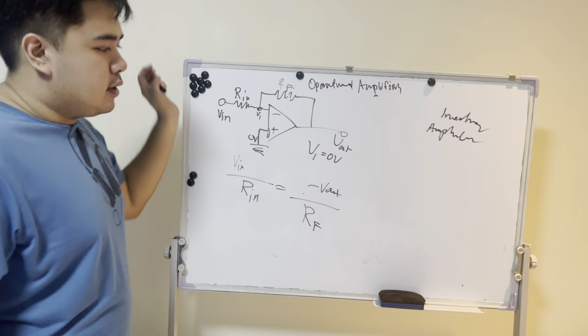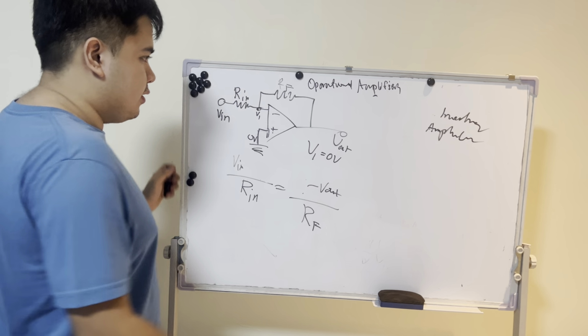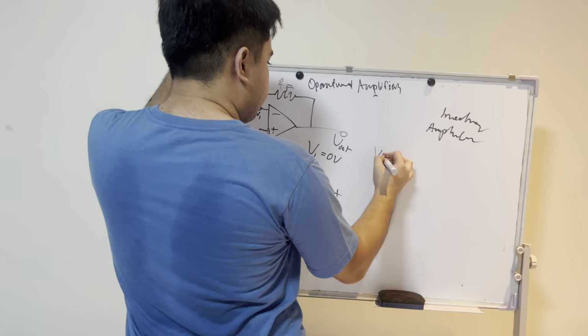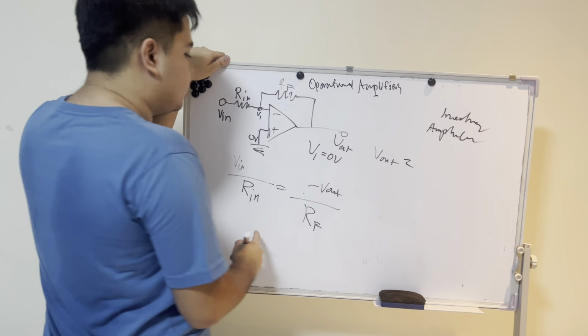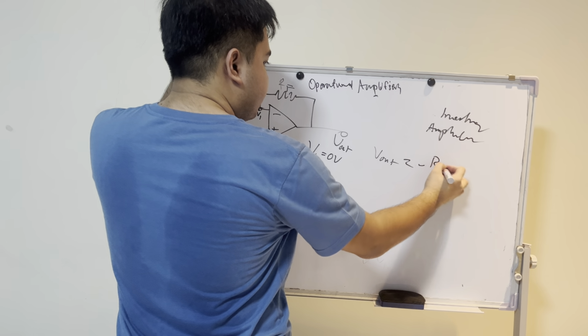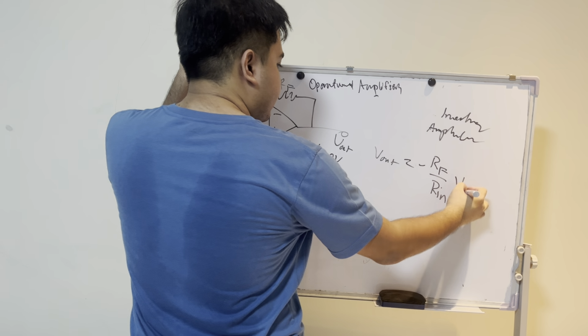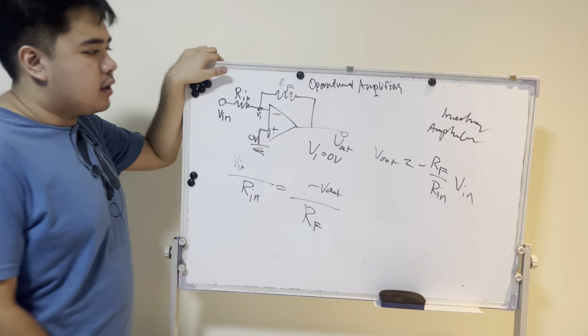We need the output, so let's get everything on the other side. V out is equal to negative RF over Rin times V in. And there we go.